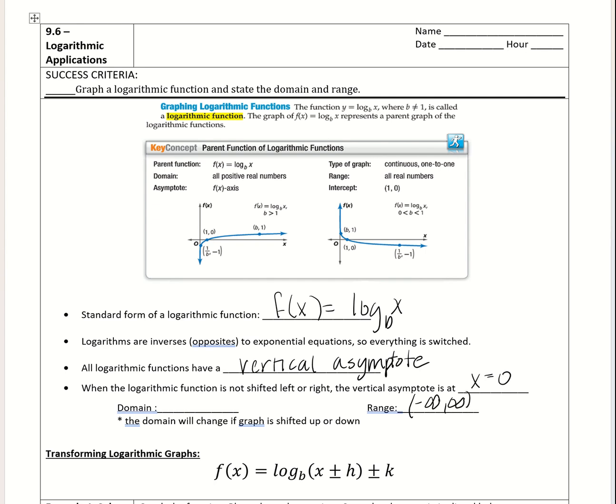Our range will be negative infinity to infinity because you can plug in any value for y, but the domain will change based on whether or not the graph is shifted, not up or down, but right or left, because the graph is turned on its side. So that will be the change here today.